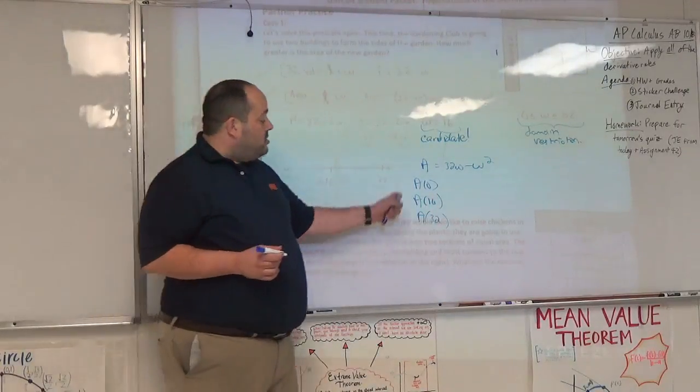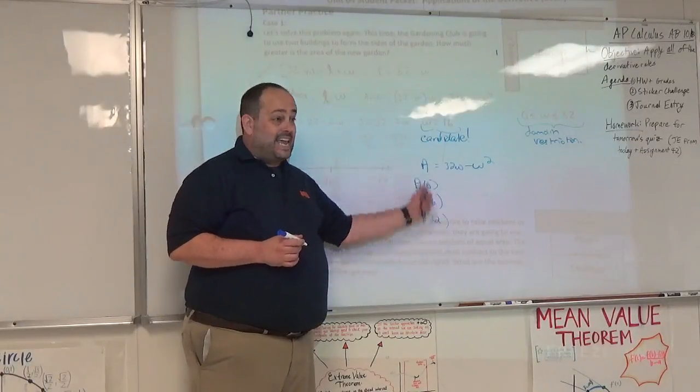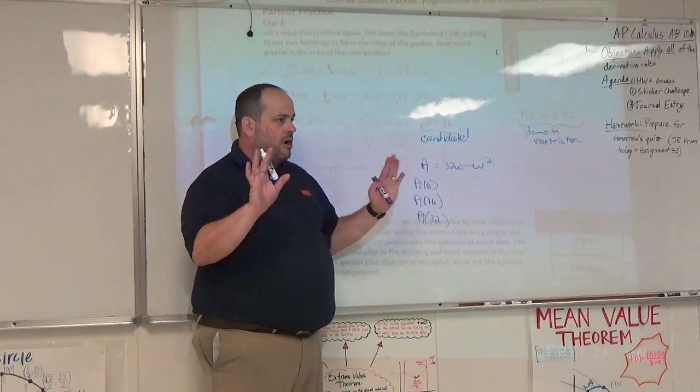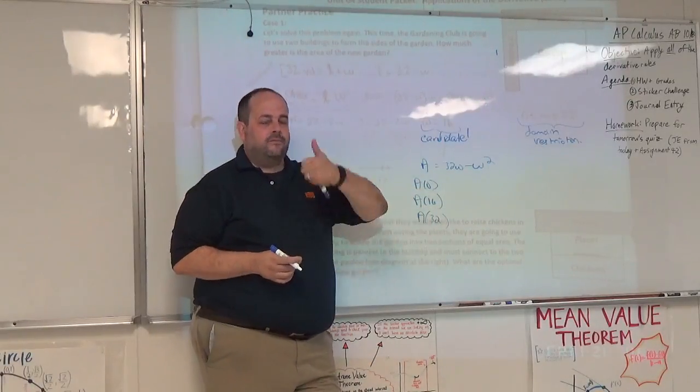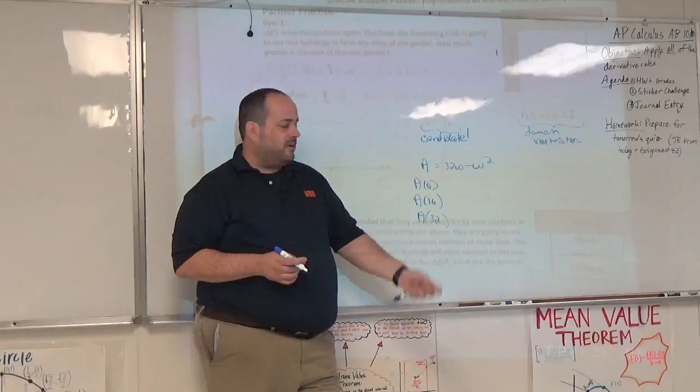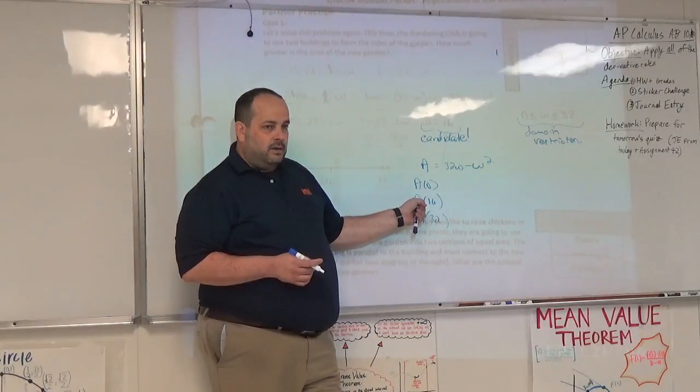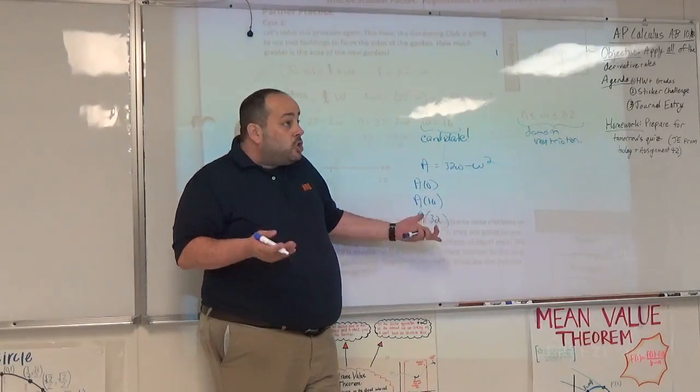When you have endpoints, this is a great way to go about doing it. Strongly recommended. Because the only place you could have an absolute max for a continuous function on a closed interval is at the candidate or at the endpoints. So do it if you can.